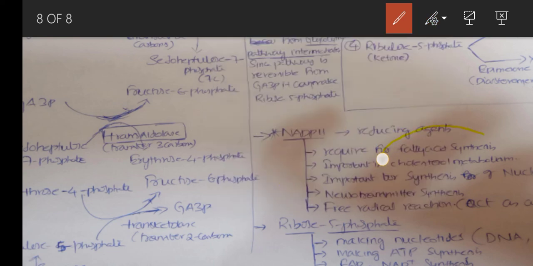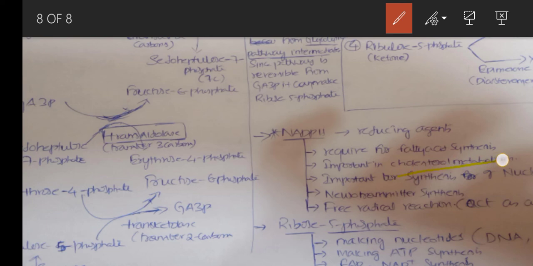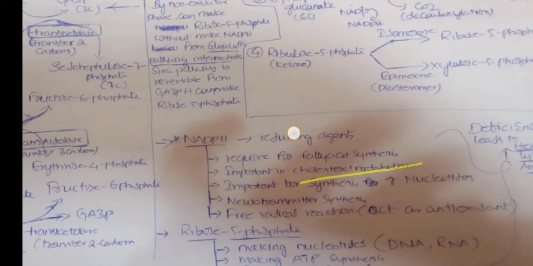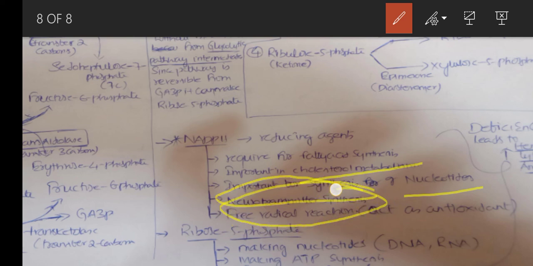One more important thing is that it is used to synthesize fatty acids, cholesterol, nucleotides, and neurotransmitters like epinephrine. It is also used in free radical reactions. Especially it acts as an antioxidant, so it helps in free radical reactions.